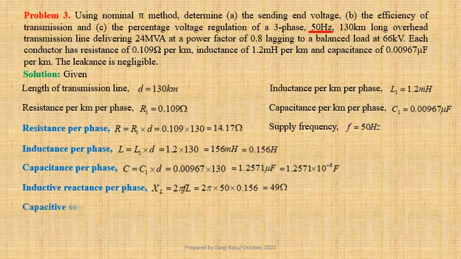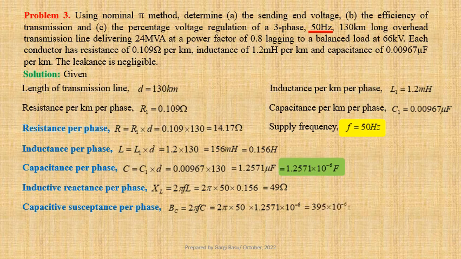And capacitive susceptance per phase BC equals 2 pi f into C. Using values we get 2 pi into 50 into 1.2571 into 10 to the power minus 6. That gives us 395 into 10 to the power minus 6 mho.